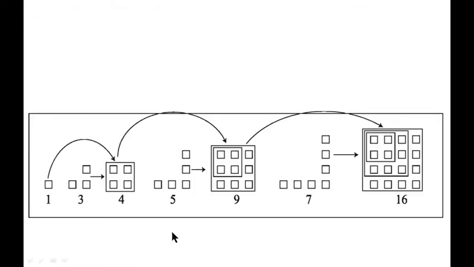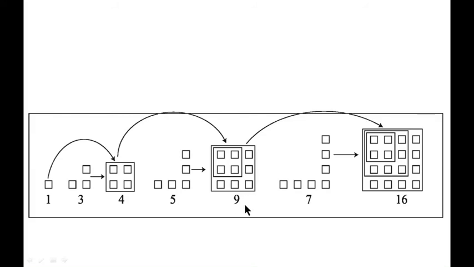In this picture, we can see that this is 1 square, here is 3 squares, and if we add 1 plus 3, it will be 4, and 4 is a square. And if we add 4 plus 5, that means 9, and 9 is also a square.